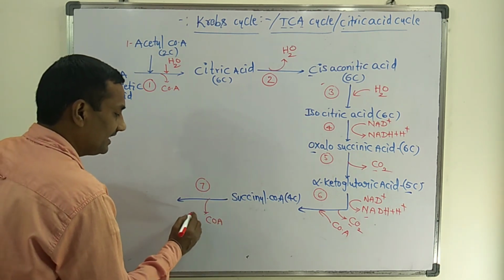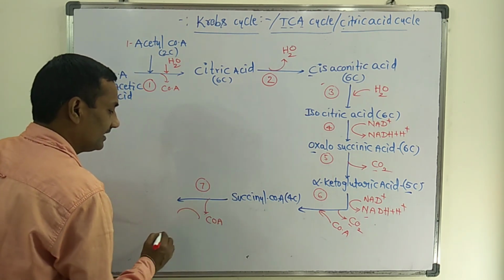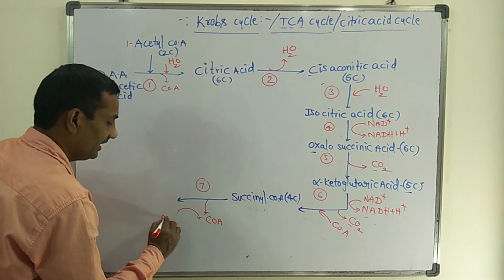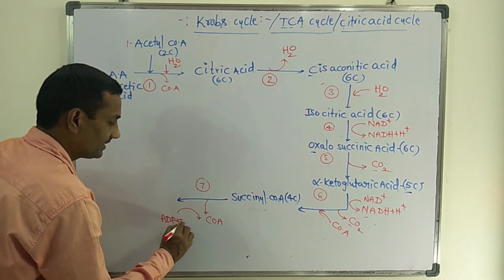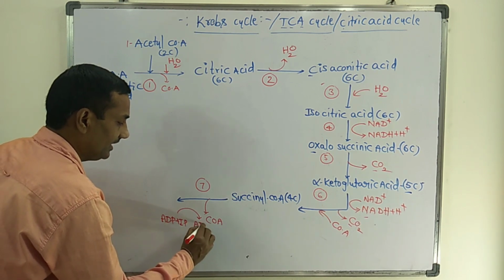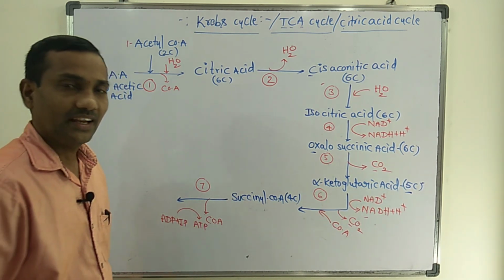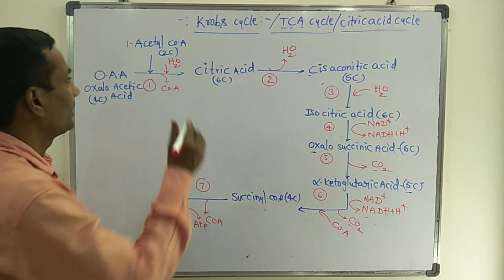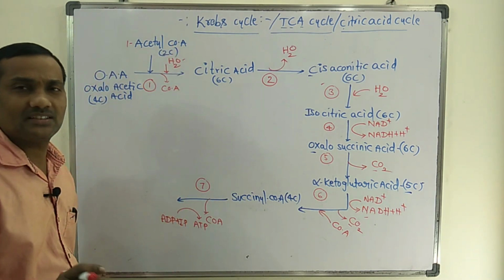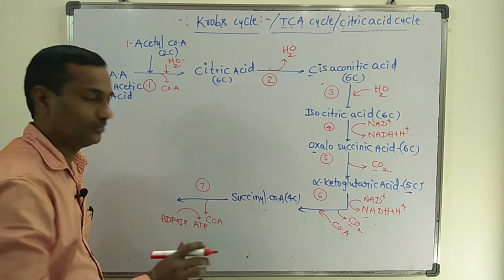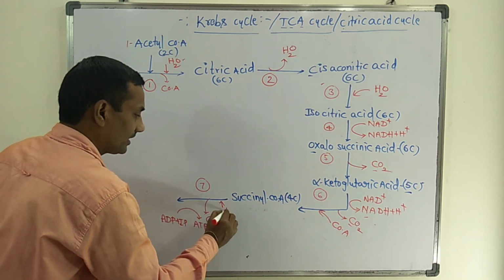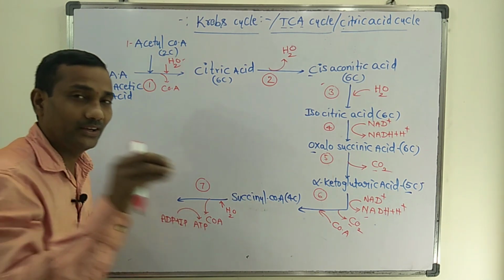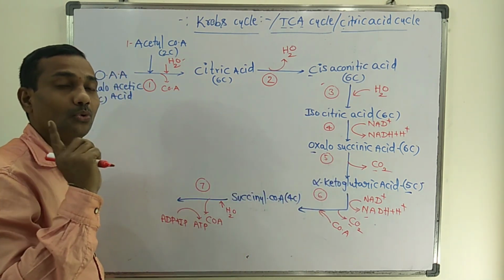But the major event that occurs in this step, the seventh step, is that ADP plus inorganic phosphate leads to formation of ATP. But one thing you can observe, this reaction occurs in the presence of water, but water is not involved in the reaction.